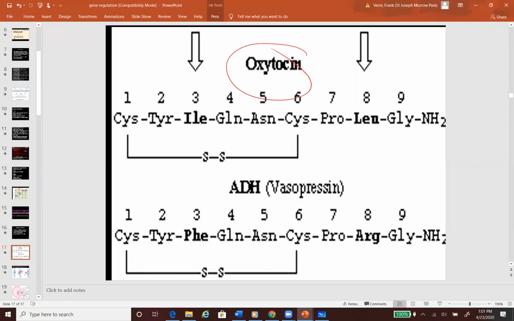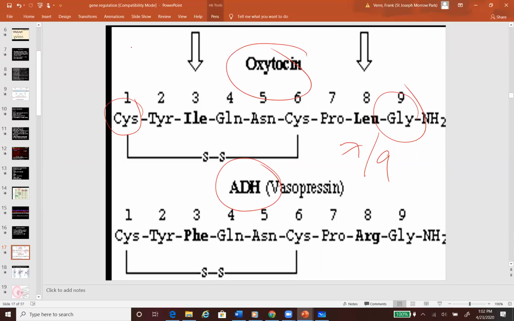Now, there is another gene called vasopressin, also known as antidiuretic hormone, which we'll talk about in the next unit. If you look at the amino acid sequences of these 2 proteins, you'll notice that they're both 9 amino acids long. There's the first one, and there's the last one. And 7 of the 9 are the same. They're very, very similar to each other.